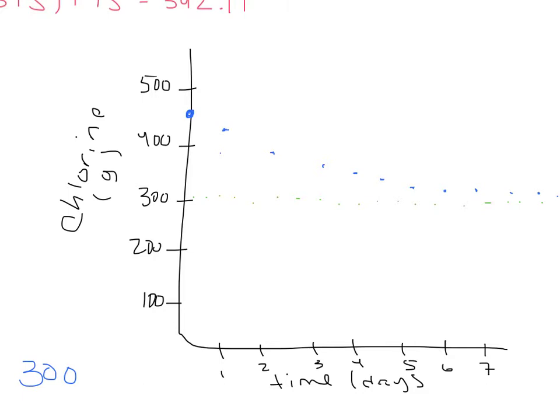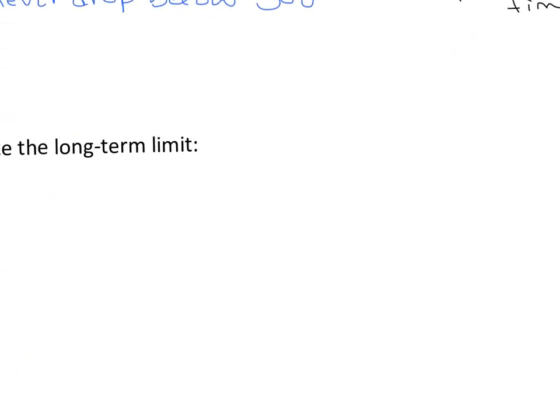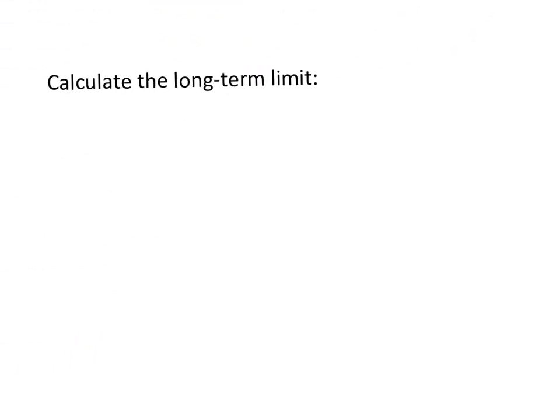There's also a way to calculate the long-run limit. If we want to calculate the long-run limit, it really takes 2 steps. The first thing we always do is we replace the u's. And the second thing is we solve for u.